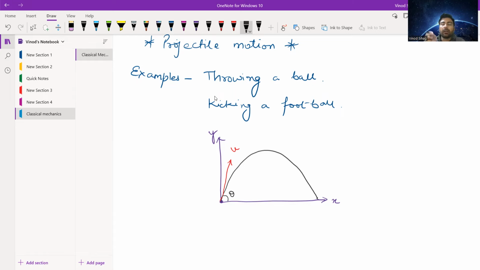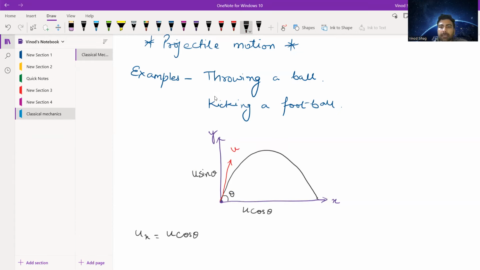Now we are going to determine the x component and y component of the initial velocity. The x component of the velocity will be ux equals u cos theta, and the y component will be uy equals u sin theta.